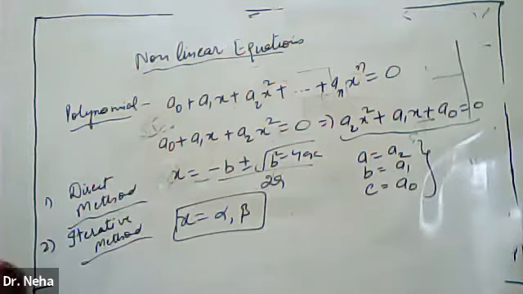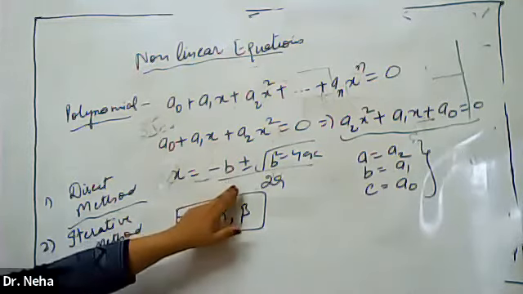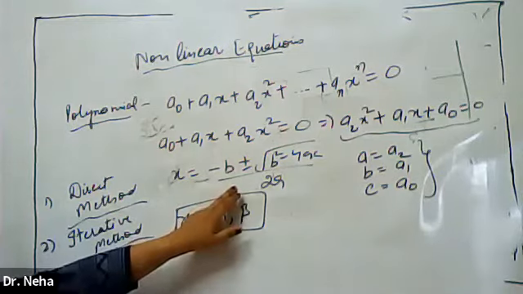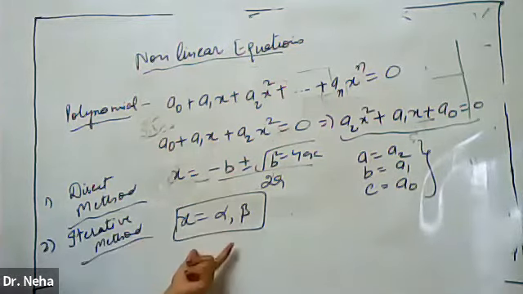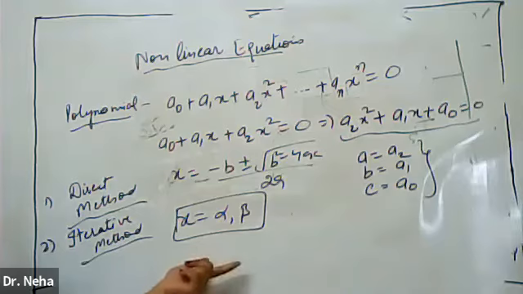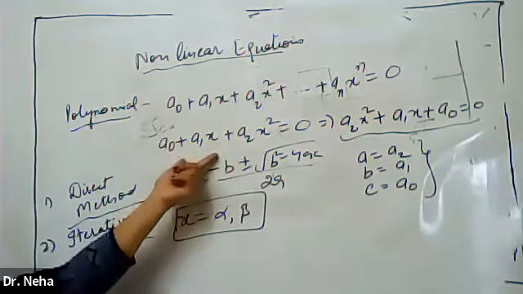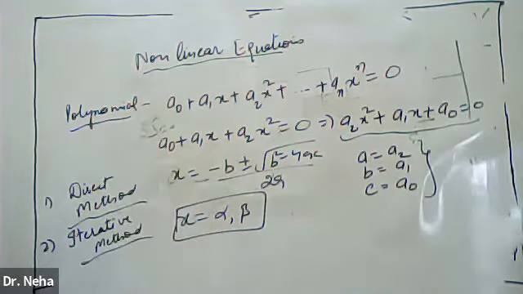We apply that formula only once and we get our solution, the roots of this particular equation. So in the direct method there is a unique formula, and when we apply it once, we directly find the roots of the given equation.